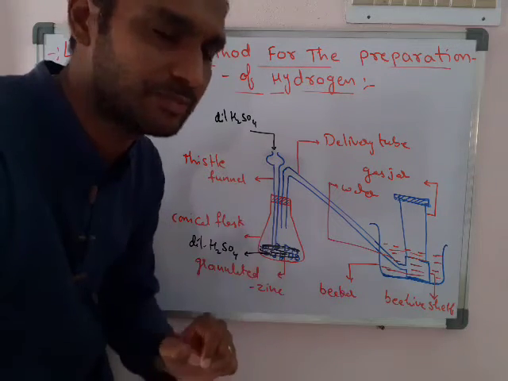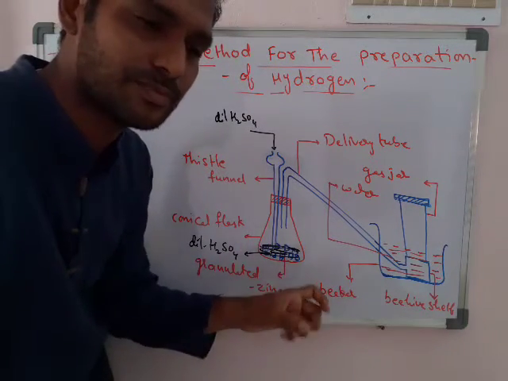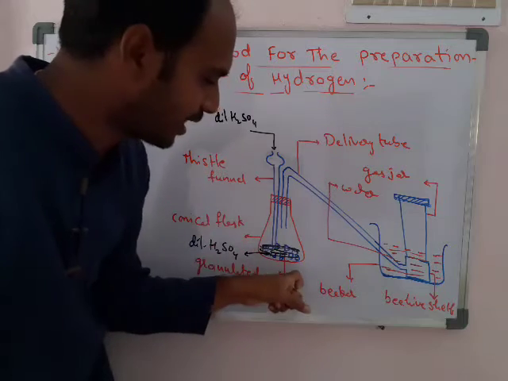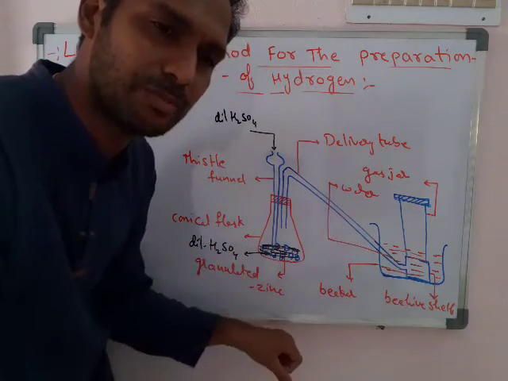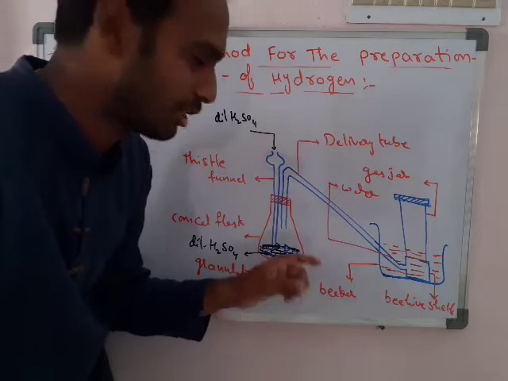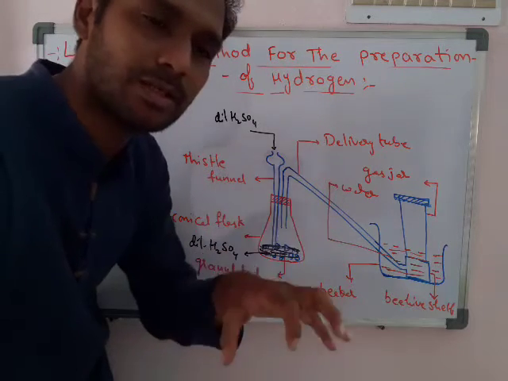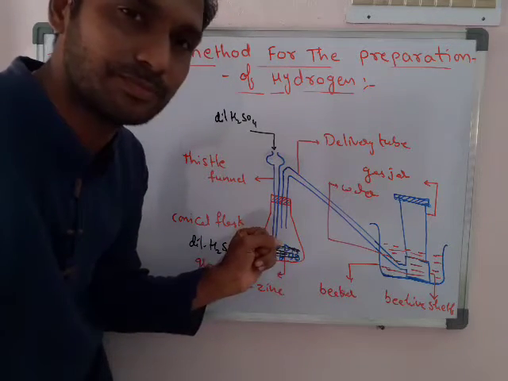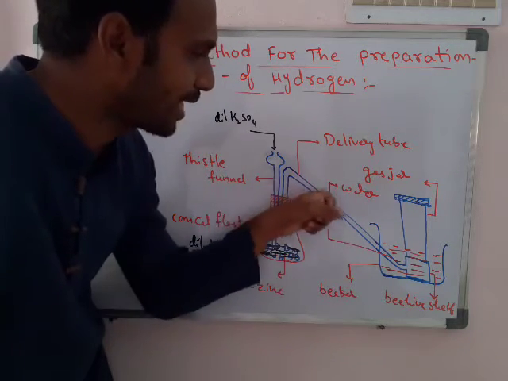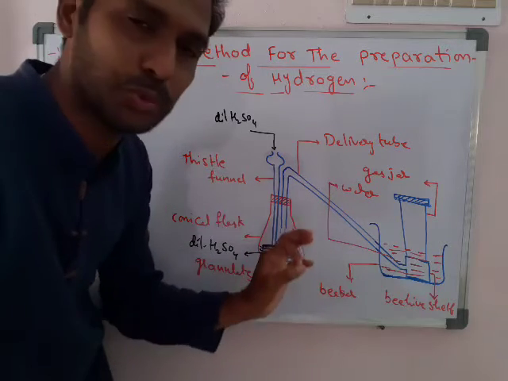Okay, just first listen. Take a conical flask and put a rubber cork. So take a few granulated zinc pieces in it. Next, close it with a rubber cork having two holes. In one hole take a thistle funnel. In one hole put the delivery tube.